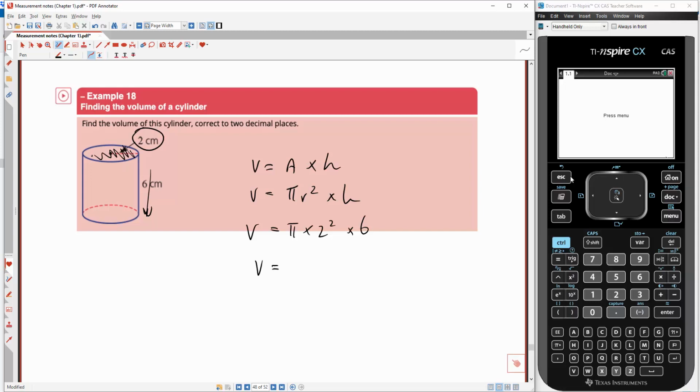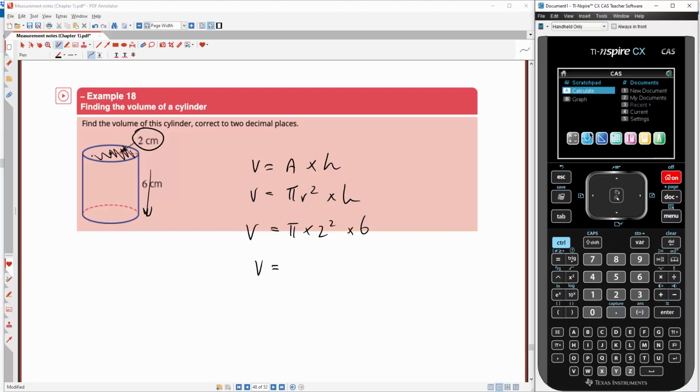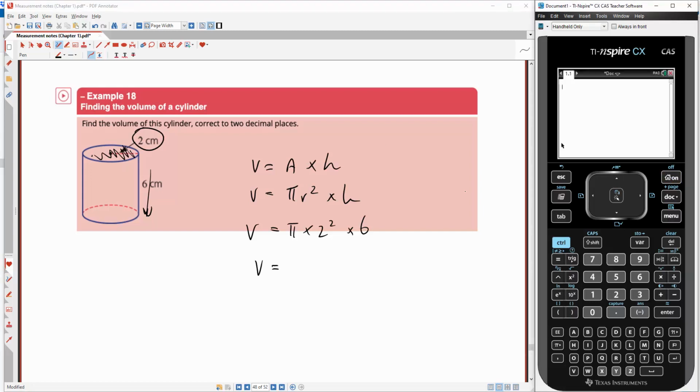Volume equals. Alright, so we'll go to our calculator and we'll say pi times 2 to the power of 2 multiplied by 6.